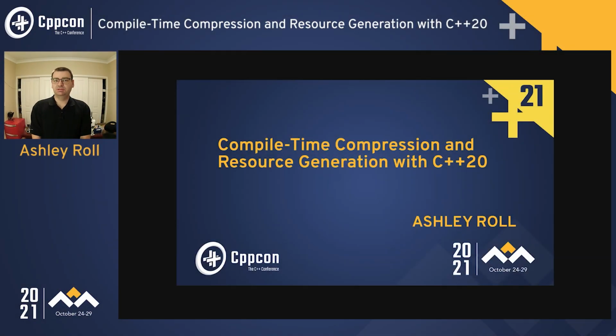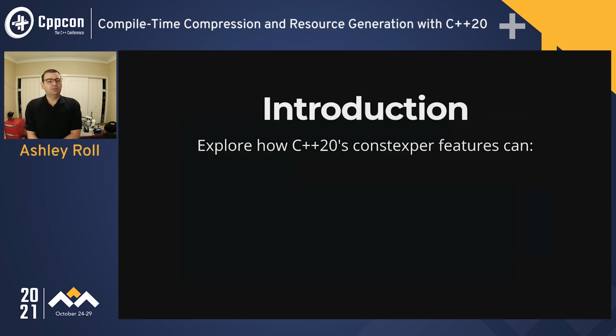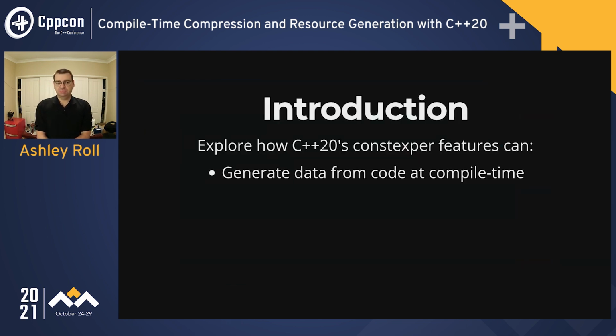I'm going to look at using some modern tooling in C++ and the constexpr tools to build some compile time utilities and some resource generation, and we're going to do some string compression as well. So we can use the constexpr features in C++ to generate data from code at compile time.